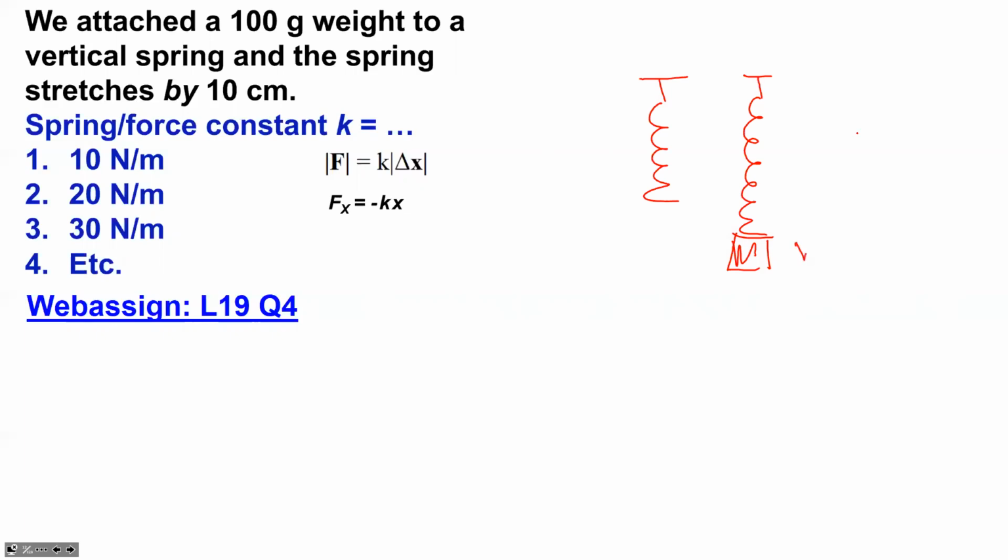Right now, it's not moving. Velocity remains 0. That means this is the equilibrium position.